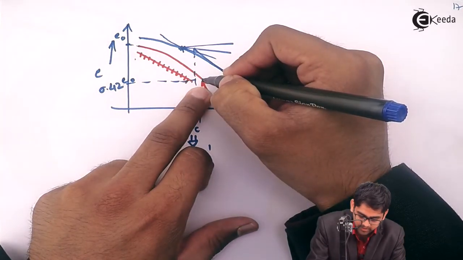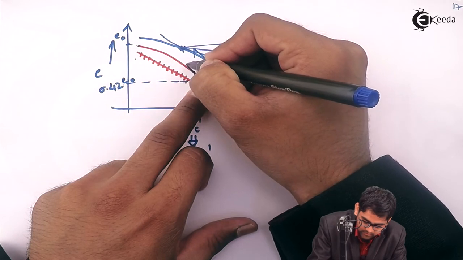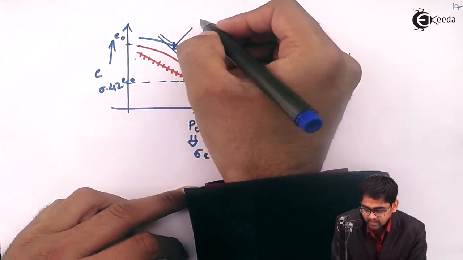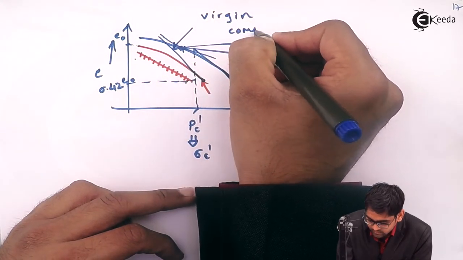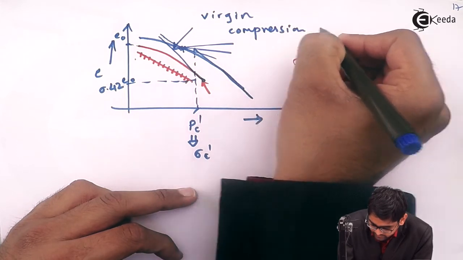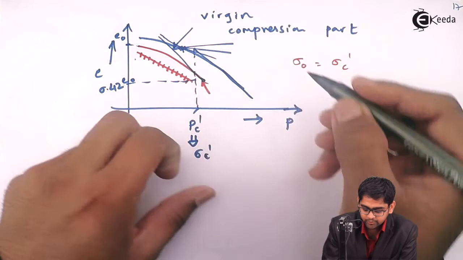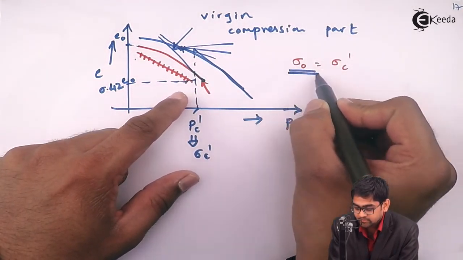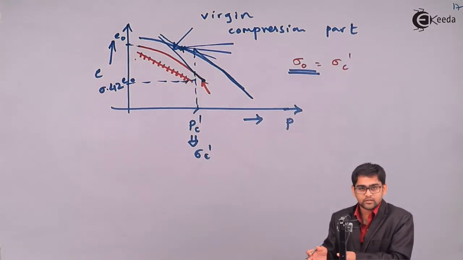From this point, if a line is drawn which is tangent to this particular curve, this becomes the virgin compression part. And on this virgin compression part, you need to place the value of sigma O dash, because you are imposing the present stress exactly equal to the pre-consolidation stress.